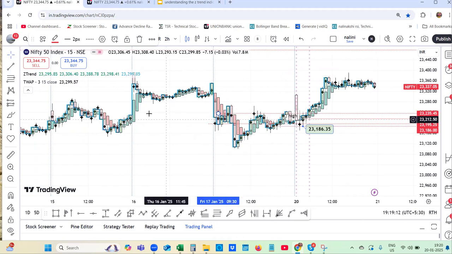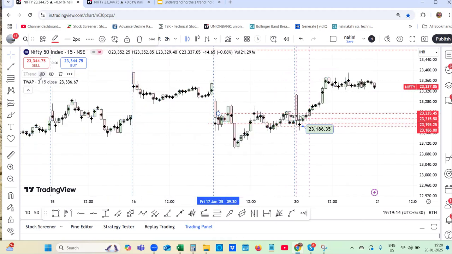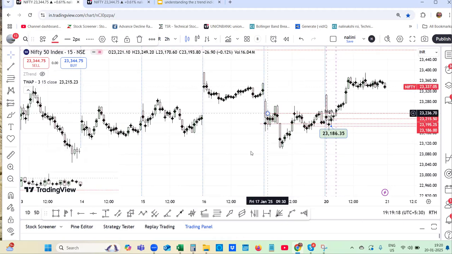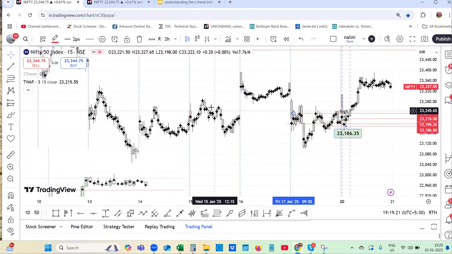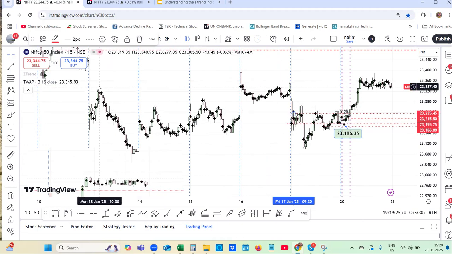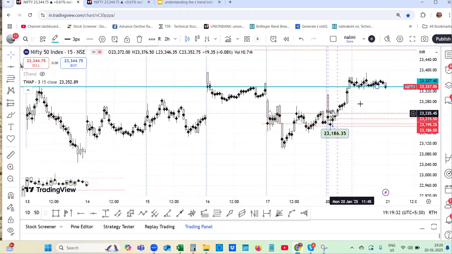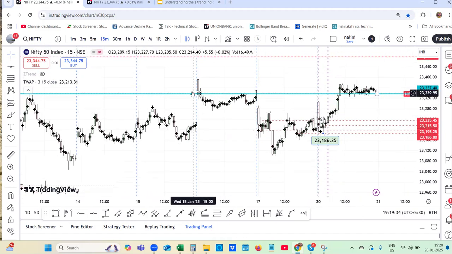And even if I disable this Z trend indicator, if you see, this is the Monday level. If I place a horizontal line over the Monday level, price successfully crossed above the Monday's level, and it is consolidating near the previous weekly.